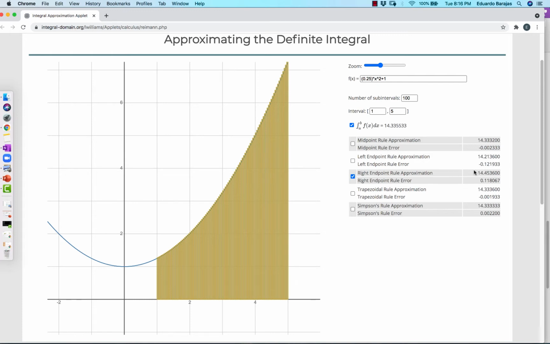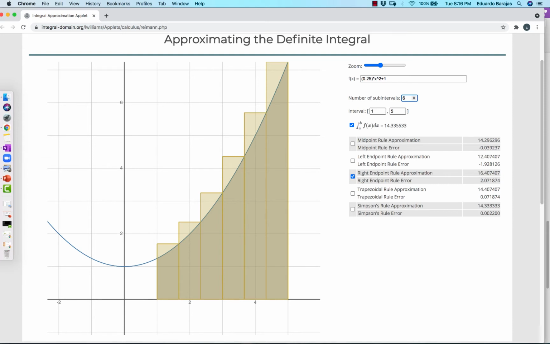Now, obviously, we're not going to ask you to calculate by hand the sum of 100 rectangles. We might ask you to do it for something manageable, like we did here with 4 rectangles, or maybe 6 rectangles. You can expect to see something like that on your homework. Just know that this is an approximation, and that as we increase the number of rectangles, we'll get better and better approximations.